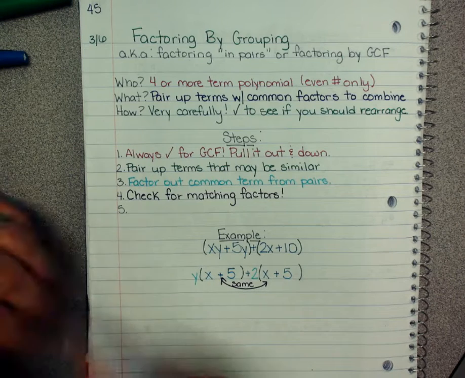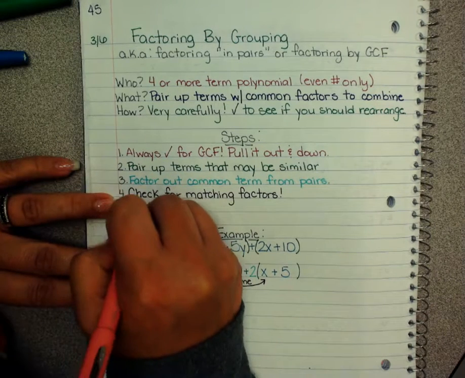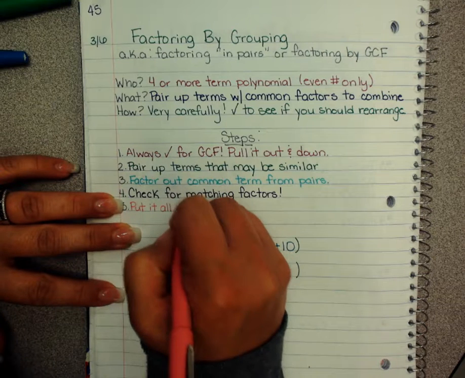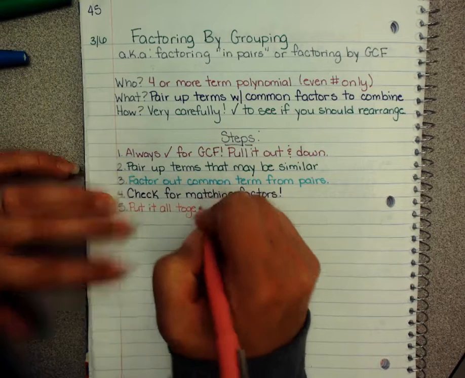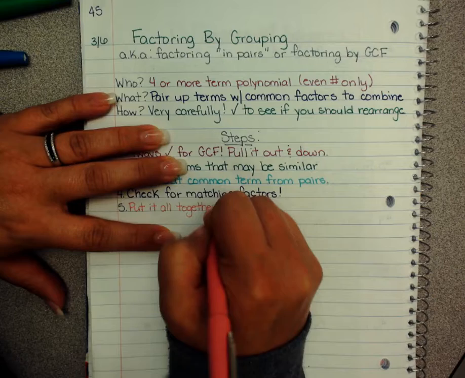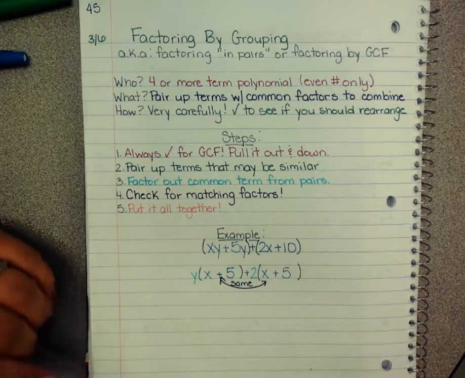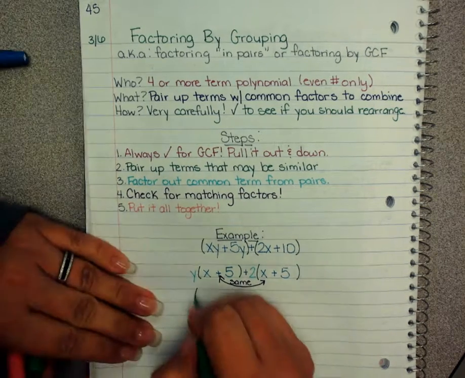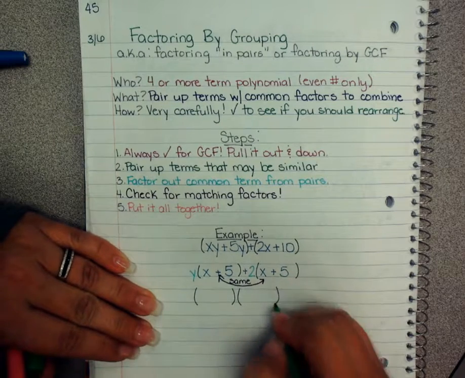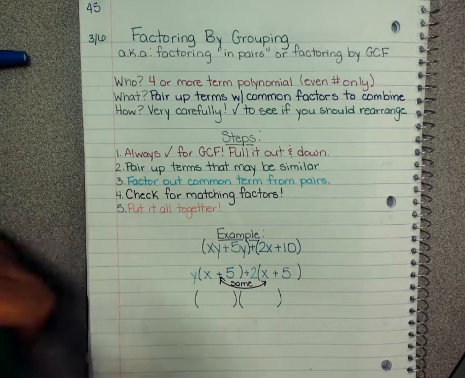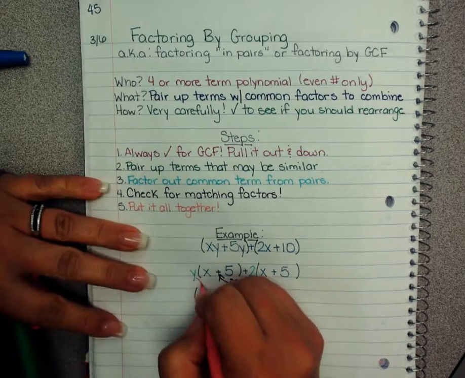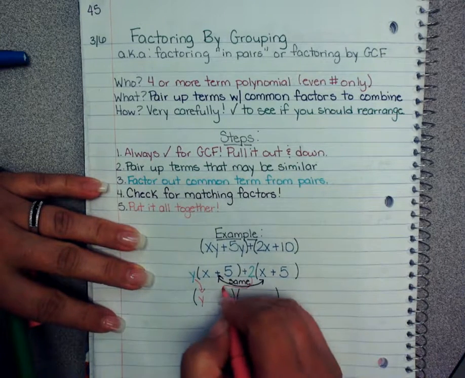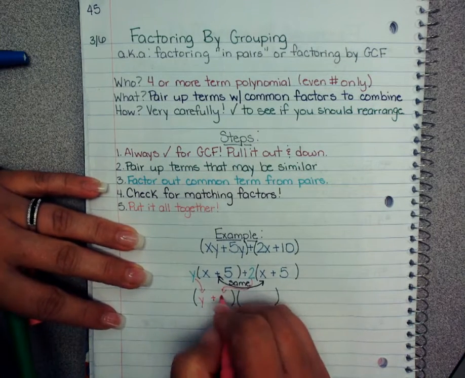And then step number 5, put it all together. Okay, so we're going to open our parentheses. Here's a set of parentheses. This is what we should have if we're factoring. We're going to drop what is in front, so this is a y in front, and then this positive 2 into the first parentheses.